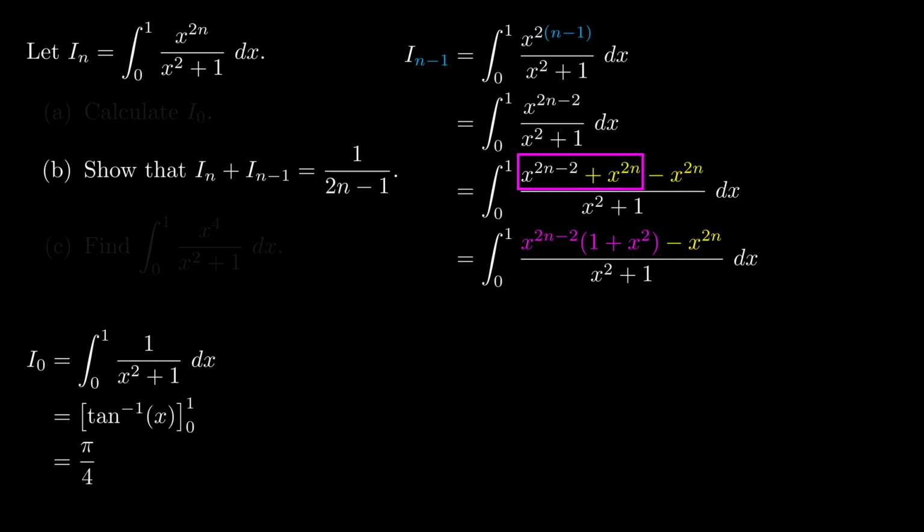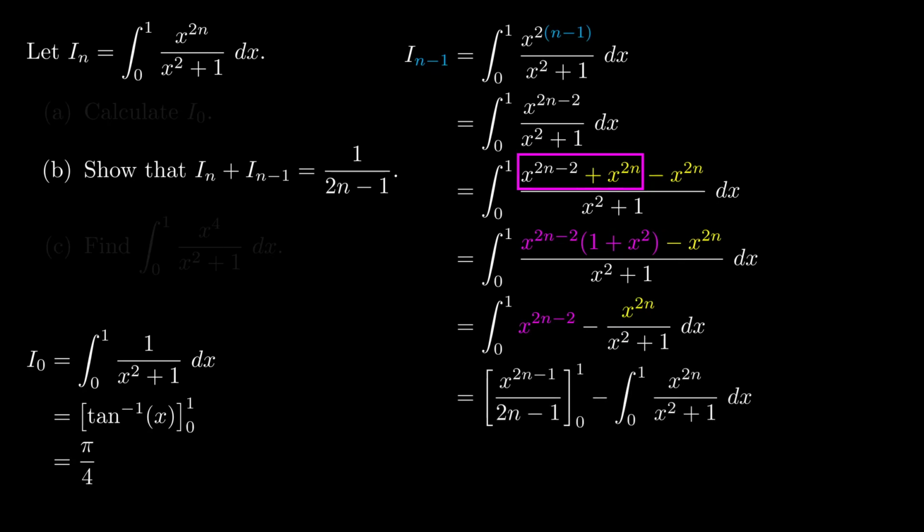And what you're left with, the yellow x to the 2n, is exactly what we started with. Okay? And we can integrate x to the 2n minus 2, the pink one, very easily. It becomes that. But the important thing is that the integral on the right is exactly what we started with, the I_n. Okay, and so working that all out, we get I_{n-1} equals 1 over 2n minus 1 minus I_n, right?